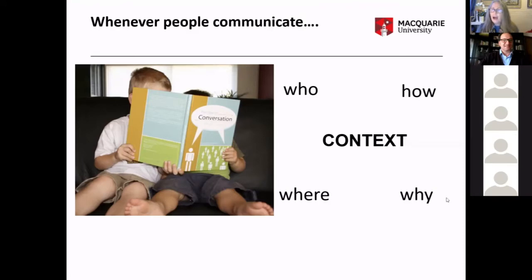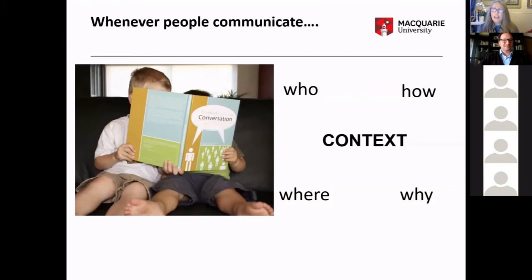There's also how. Is it distance? Is it face-to-face? These days unfortunately, we have fewer face-to-face conversations than we used to. But the way that we communicate with people is different when we can see their faces. It's different on the telephone. It's different when we don't actually have access to their gestures and their facial expressions. So all of these things are part of the context.